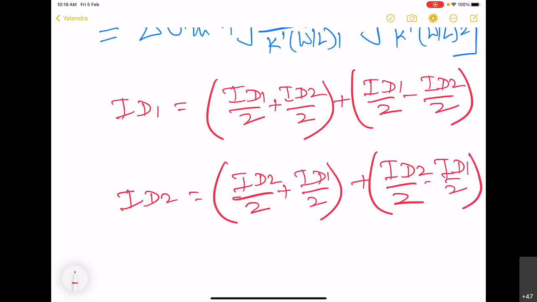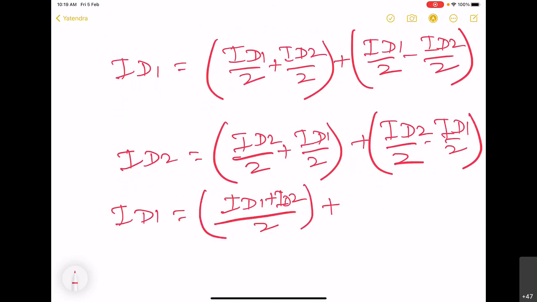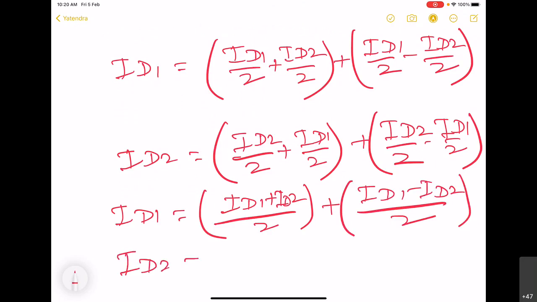So here you can see that these currents now can be written as average of the two currents plus difference of two currents. So similarly, ID2 can also be written as, we will be calling this as ID.